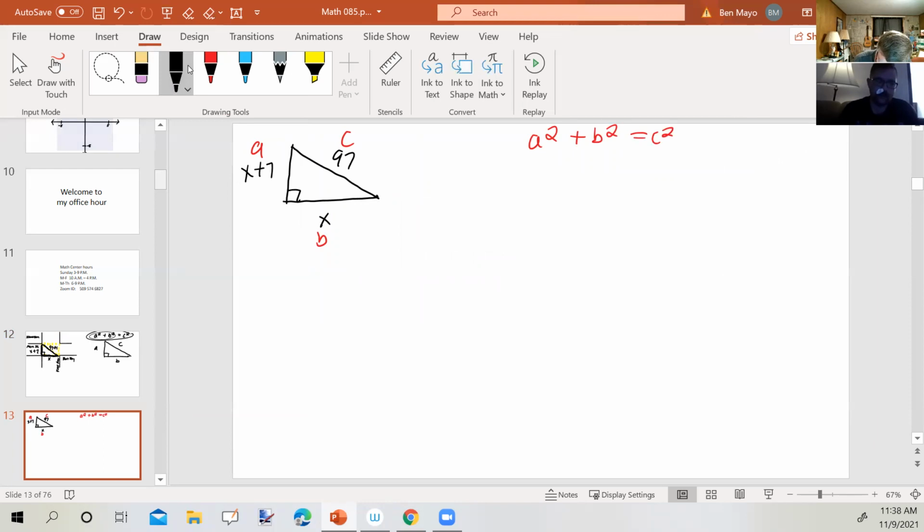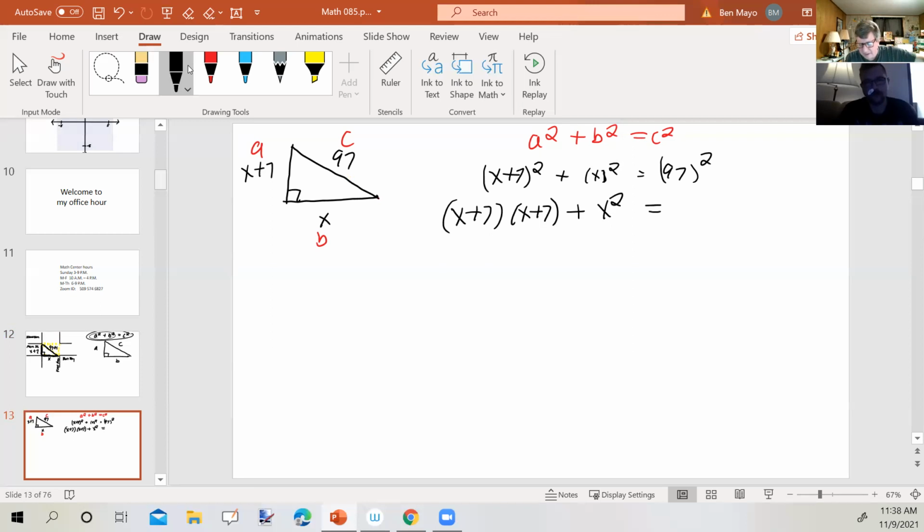So that means the following: (x plus 7) squared plus x squared equals 97 squared. (x plus 7) squared would be x plus 7 times x plus 7. x squared would be x squared. And 97 squared is 9,409.